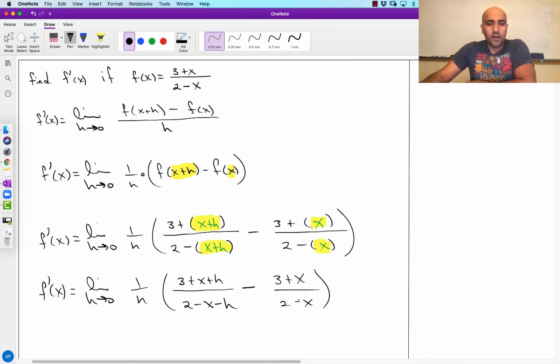Okay, so what I'm going to do now is try to combine these two separate fractions by rewriting them in a way that gives me one simple big fraction. I'm going to multiply the numerator and denominator of this fraction by 2 minus x, and I'm going to multiply this fraction, numerator and denominator, by 2 minus x minus h, and then I'll have two fractions that have the exact same denominator, so I'll be able to combine them.